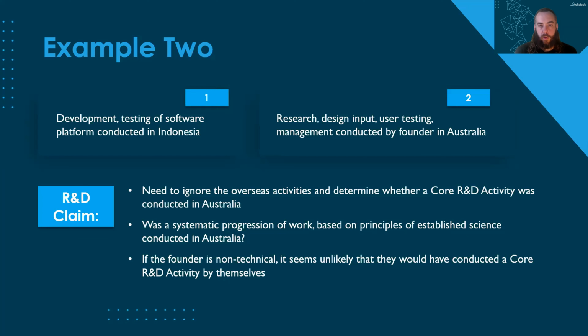Because there's no Australian core, you can't claim the supporting, even though it was done in Australia. In this instance, you really have to ignore what was done overseas, look at only those Australian activities and determine whether a systematic progression of work based on the principles of established science that proceeds from a hypothesis, and so on, was conducted in Australia.